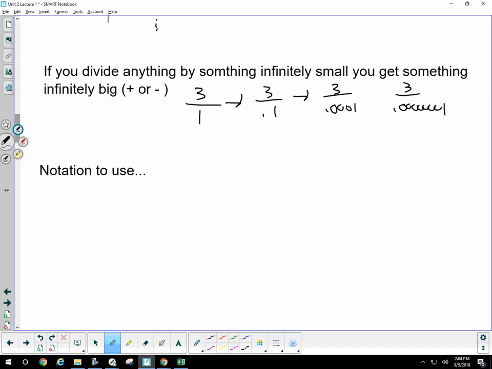As the denominator gets smaller and smaller and smaller, what's happening to those fractions? They're getting bigger and bigger and bigger. Okay? Now, if I had a negative 3, well, all of a sudden that would be a very big negative number, right?